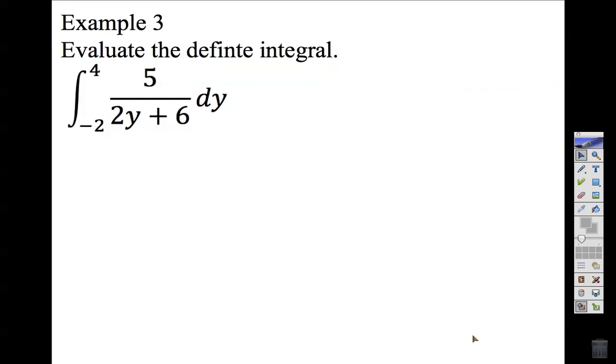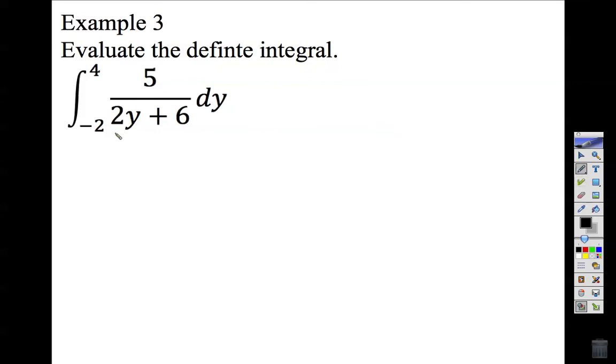Alright, now let's do something a little bit more challenging. We're going to evaluate this definite integral starting at -2, ending at 4, and here's the function: 5 over 2y plus 6 dy. If you're not using a calculator, make sure that these are the same variable. Yes, the variable can change on you, but the process is still the same.